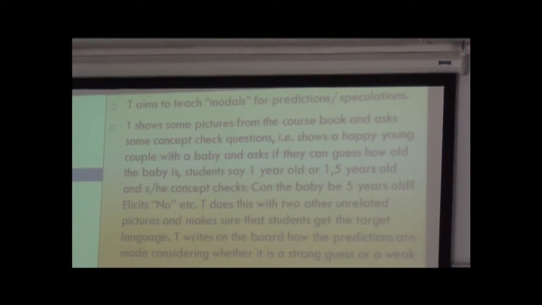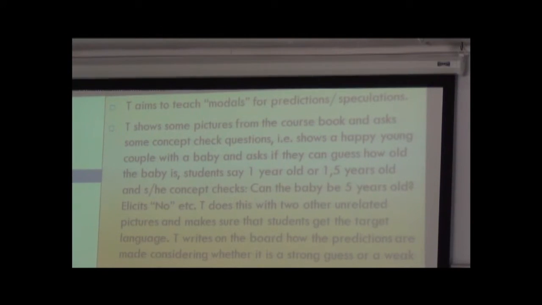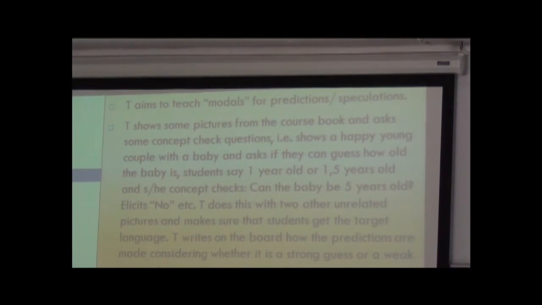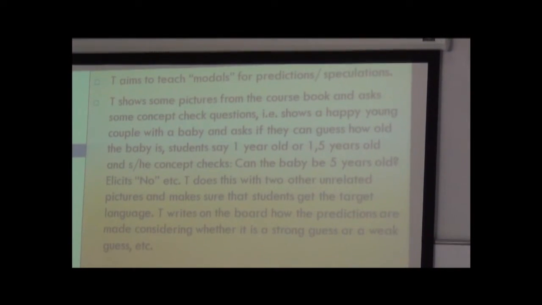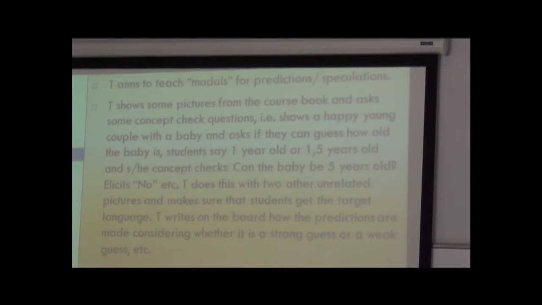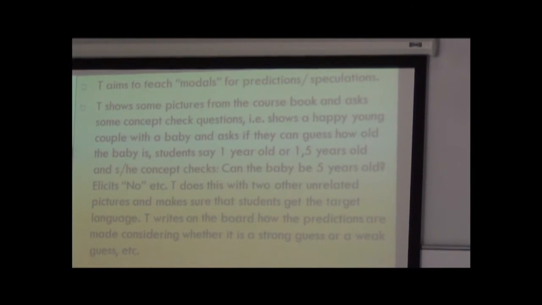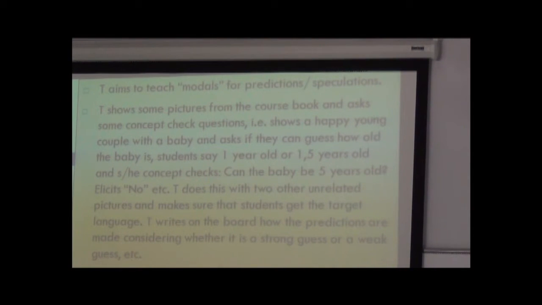They have a young baby in the picture. How old is the baby? Students guess 1 year old, 1.5 years old. The teacher is concept checking. Can the baby be 5 years old? And elicits no. The teacher does this with 2 other unrelated pictures, say one of them is about a mechanic, another one is about a doctor. Two different pictures, but concept checks each time.